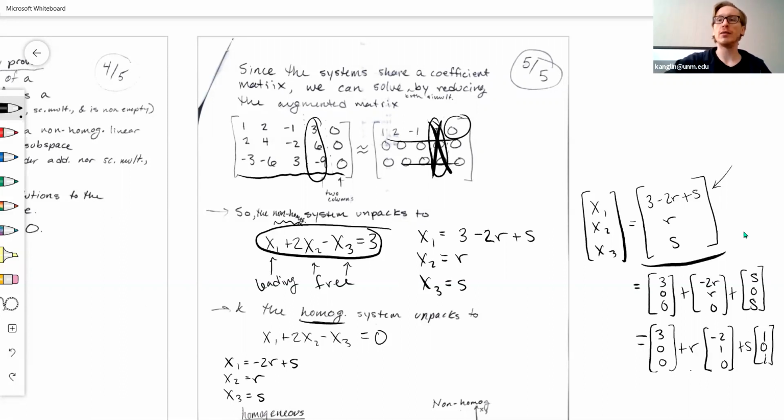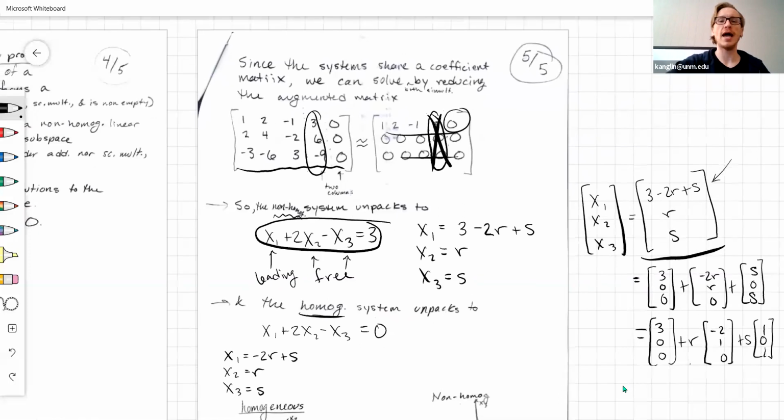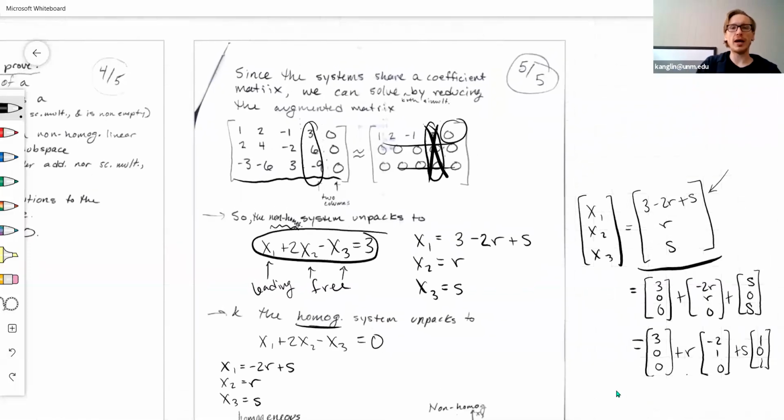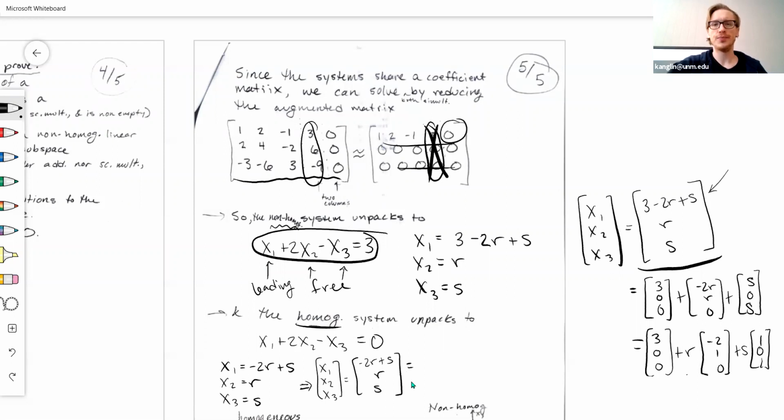Now, what can we do? I want to decompose our result here the exact same way. And when I do that, let's see what happens. Write this as a solution vector. It's (negative 2r plus s, r, s). Now notice what we can do here.